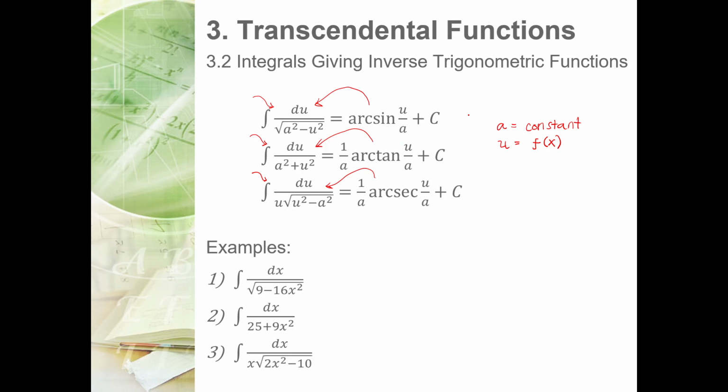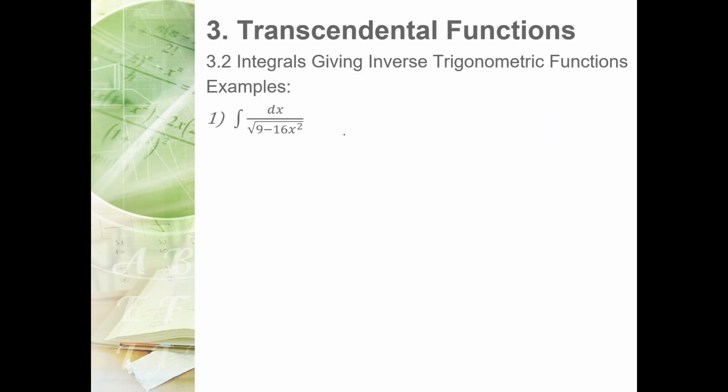All right, so let's try to answer some problems. Again, if we write the given formats, let's have a cheat code here first. This will be the square root of a squared minus u squared. Then the other one is du all over a squared plus u squared.